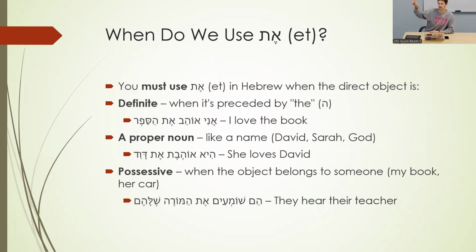I love that book. Think about it as pointing with your finger to something. It's that book, but you're not saying I love that book, you're pointing to something, marking something. So that would precede the word hasefer, which means the book, as in the first example.